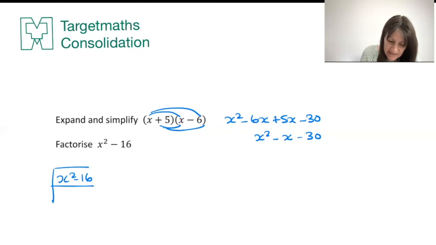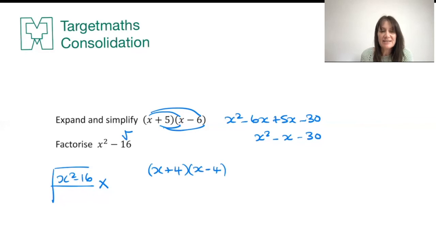And actually, that can be a really good way of making you realize this is the exception to the rule, because if it's not going to work that way, it's got to be the exception to the rule. So down go our two brackets, drop our x, square root the 16, which is 4, and it's plus and minus. And that is that factorized. So if you got that right, if you remembered that, that's great. Well done.